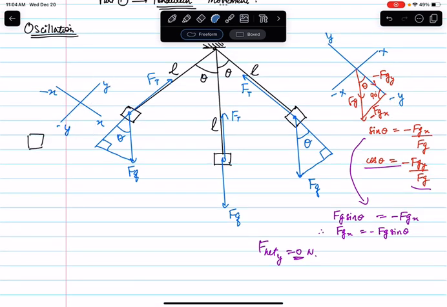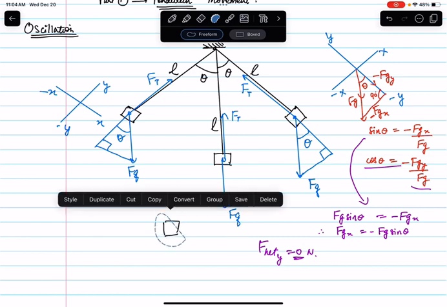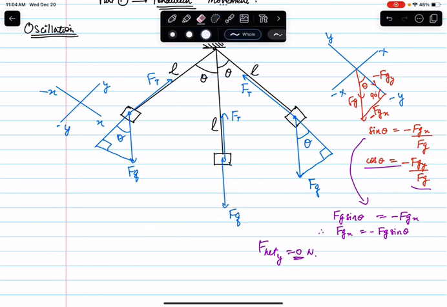It's only going through this x-axis. It's only the x displacement. The y displacement does not matter because this tension force and this gravitational force cancel each other out. So F net y becomes 0.